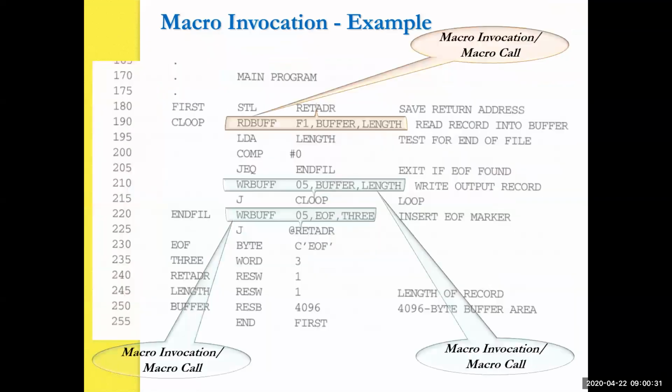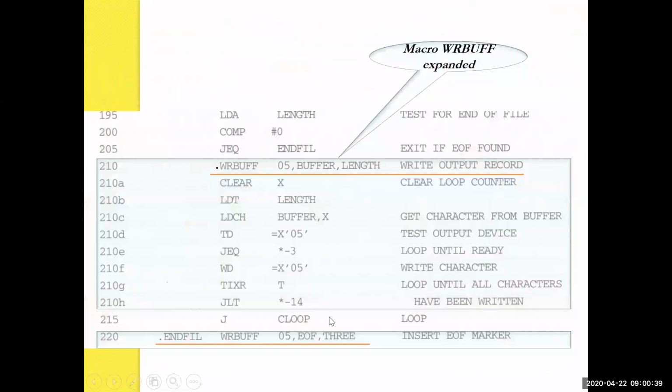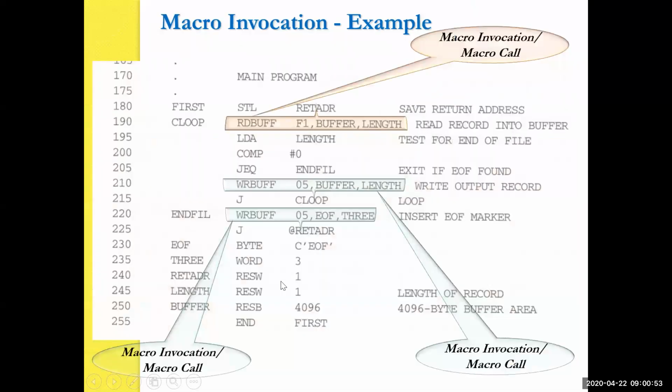So now again going back to the source program, after this line is expanded, we have one source language statement, JC loop, which will be generated immediately after, that is in line number 215, you can see it. Line number 210 to 210H indicates the expansion of the macro WRBUFF. Okay, so after that we have JC loop in the source program, which will be generated as such.